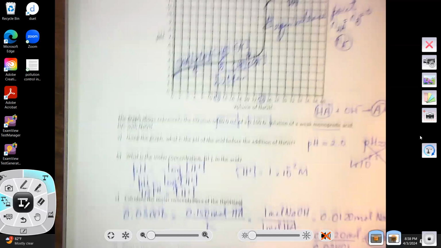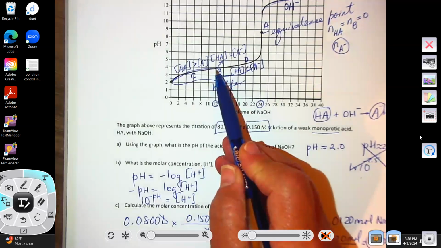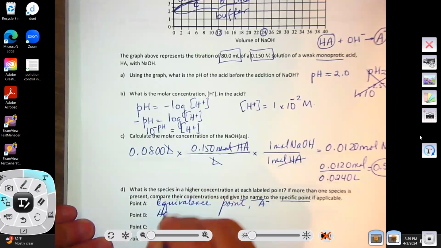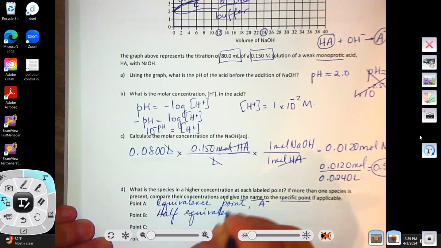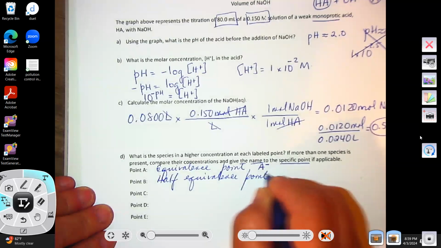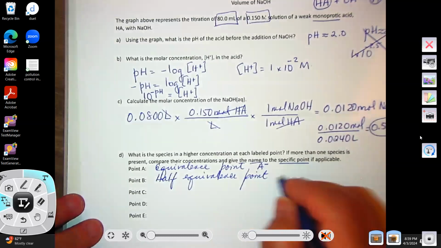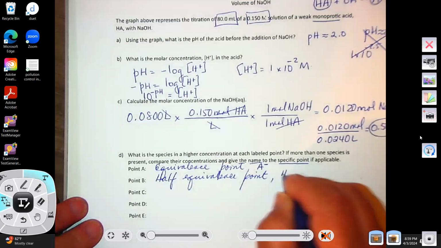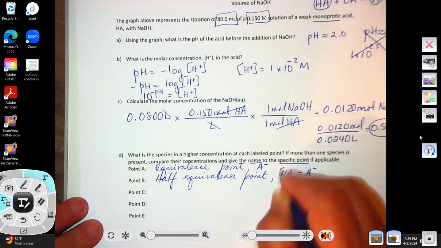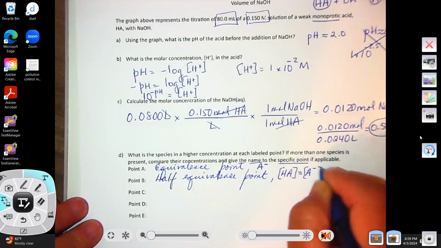Okay, so point B over here is what we call half the equivalence point. And at half the equivalence point, we're gonna have acid, but we're also gonna have the conjugate base, and the concentration of both is the same.